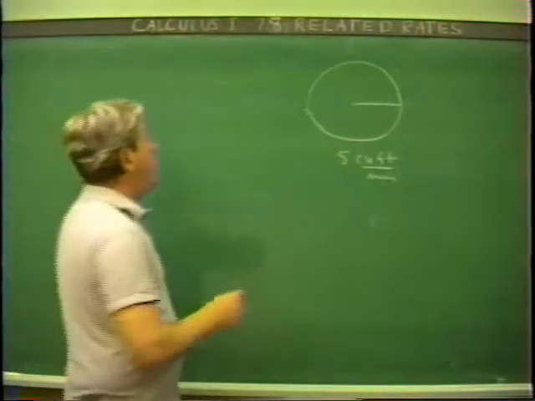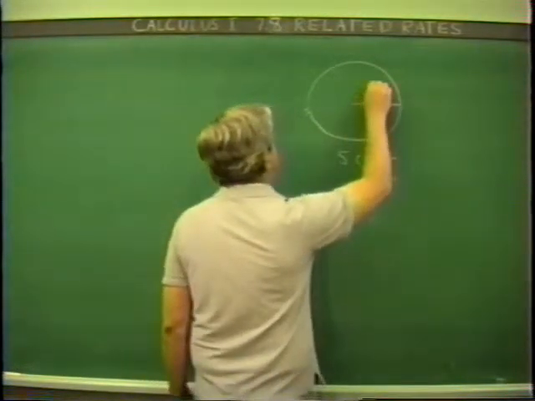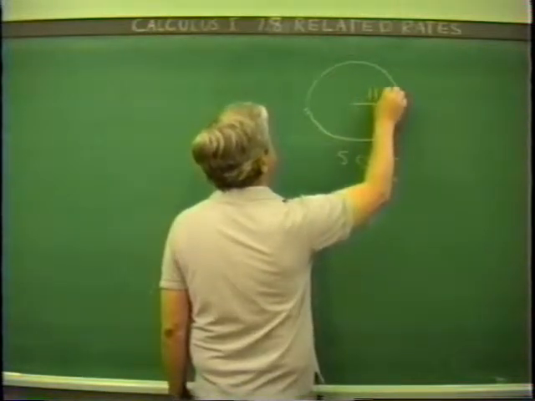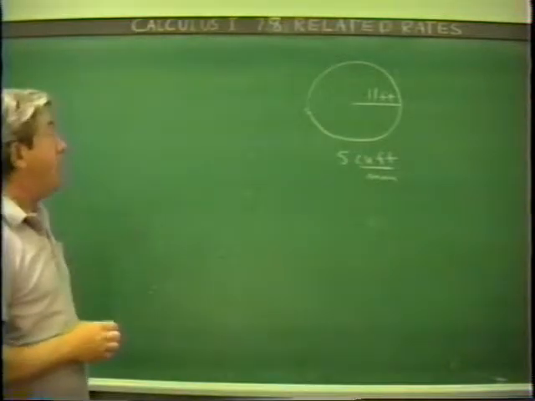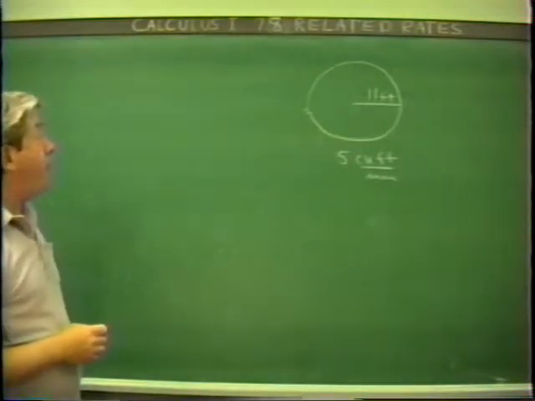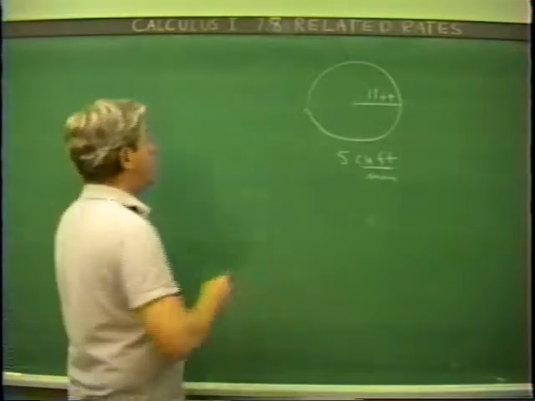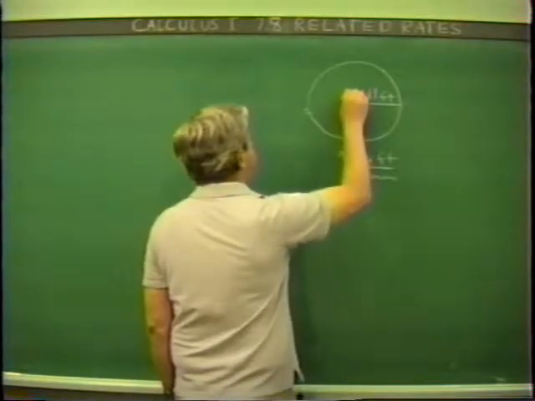Air is being blown into the balloon at 5 cubic feet per minute, and we're interested in this balloon at the time when the radius of the balloon is 11 feet. It's a big balloon, and the question is, how fast is the radius changing?